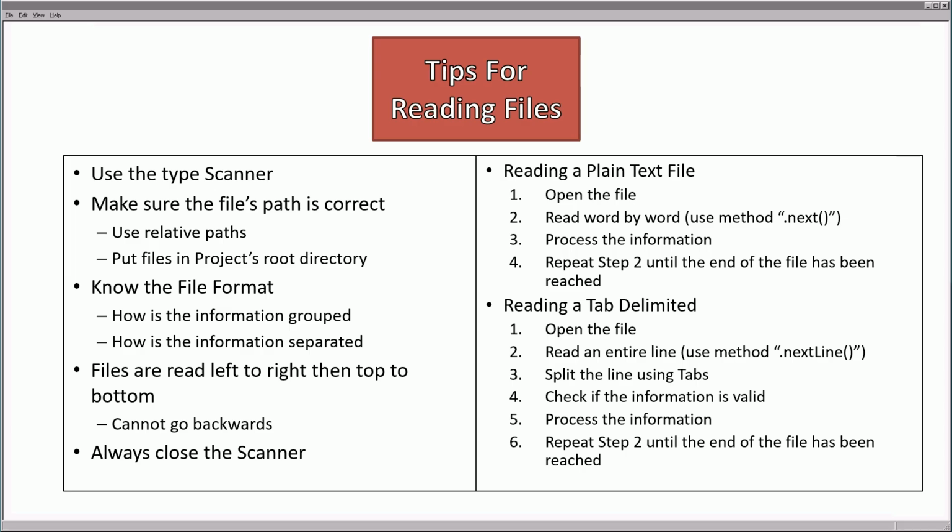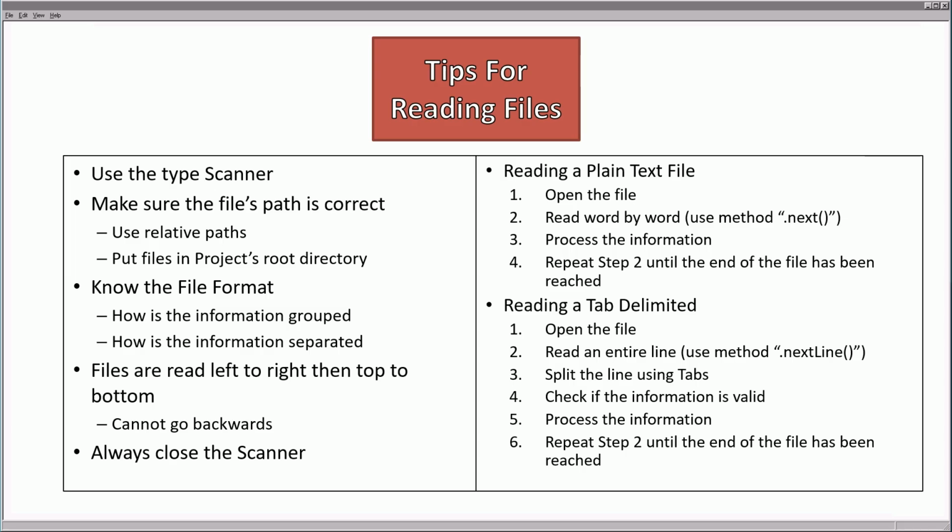Another common file format that we will be using a lot in this course is tab-delimited files. Now, reading one of these has a very common sequence. Step 1, go ahead and open the file. Next, we know that tab-delimited files are separated using tabs and also inline. What you should do is read the entire line. Use the method nextLine to read the whole line.